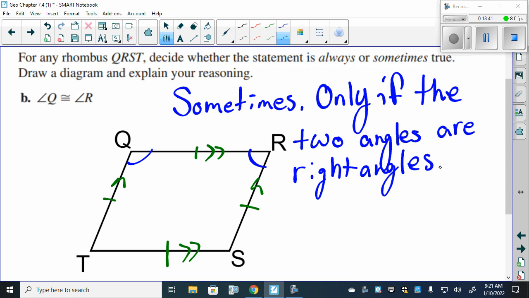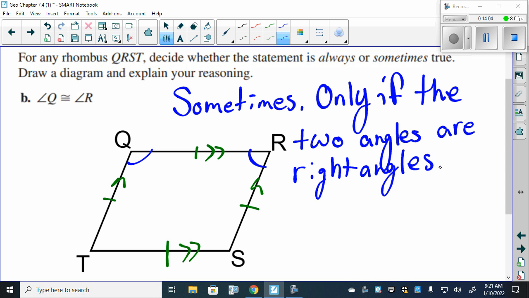Are right angles. Because one of the other properties that we had for parallelograms, we had a few: the opposite sides are going to be congruent, that's just by definition of parallelogram. It also told us that the opposite angles are congruent. And it told us one last thing: the angles that are next to each other, the consecutive angles, are supplementary. They add together to be 180.